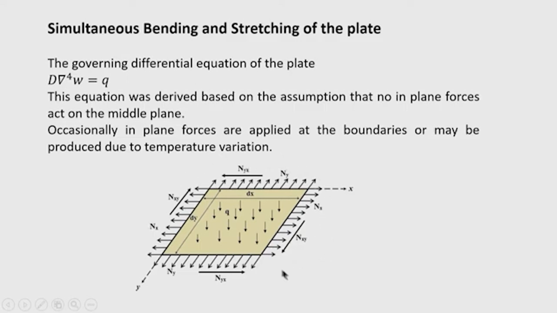buckling problem in our case, because the solution of buckling or bending or even vibration, whatever you consider, can be solved either in a closed form, deriving the closed form expression, or can be solved by taking approximate method.